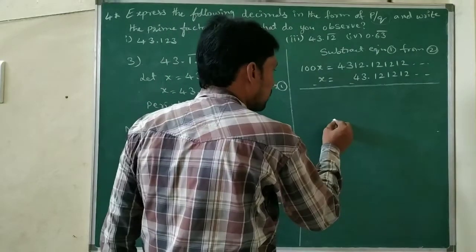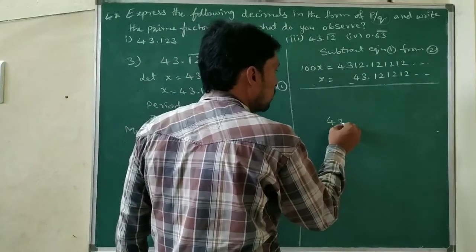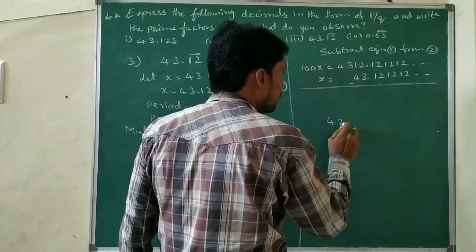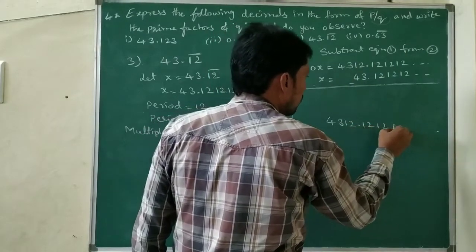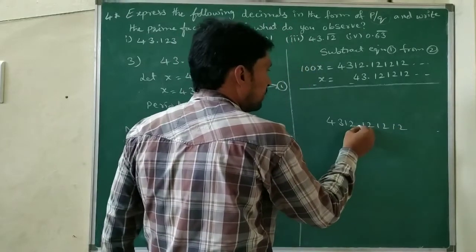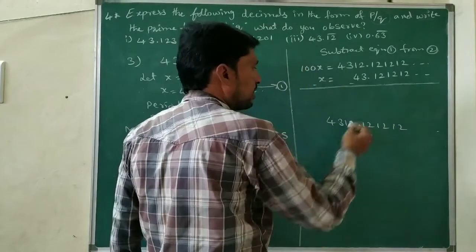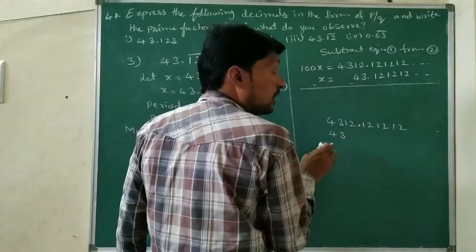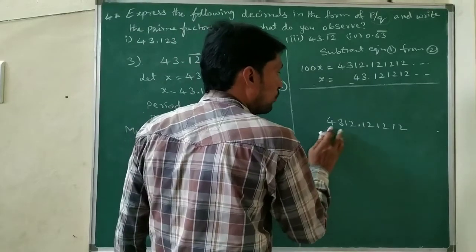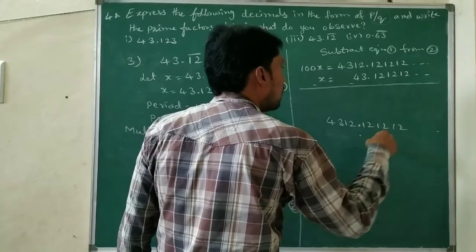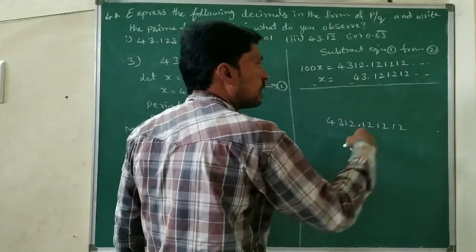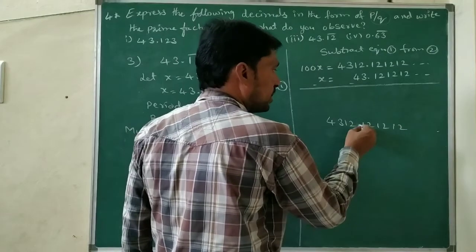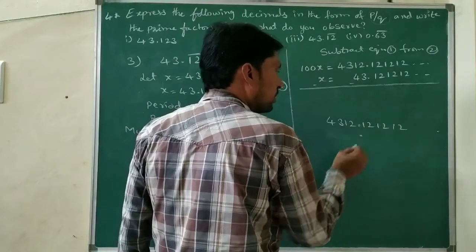Here some clarification I want to give you. Just the RHS only I am taking. So here the point is there. While writing the second equation, you don't start from here. Where is the point? The point is after the integral part, before the decimal part. Integral part and decimal part must be kept separate.